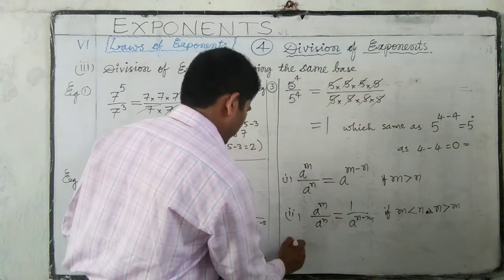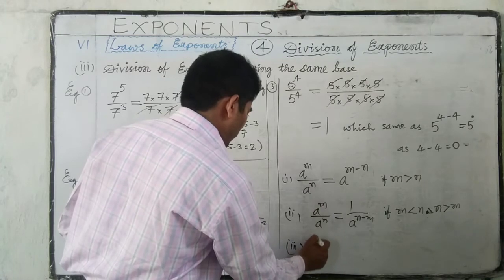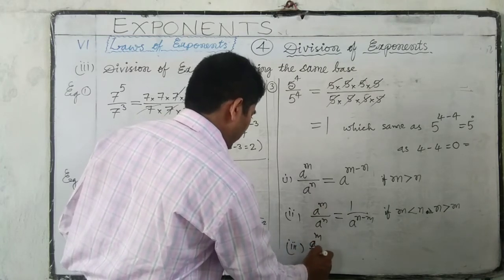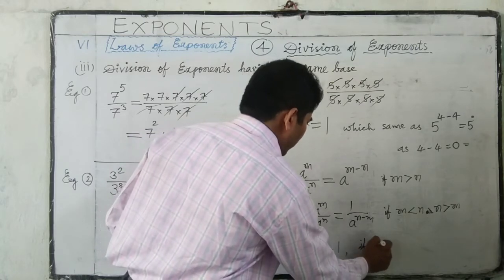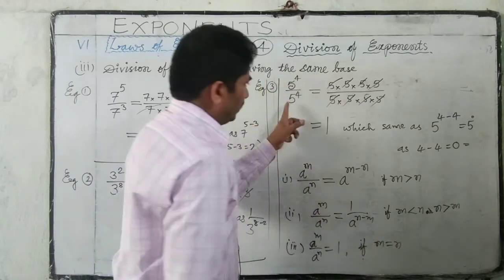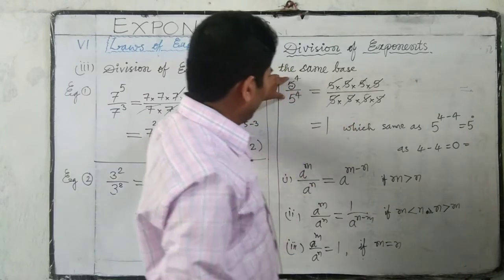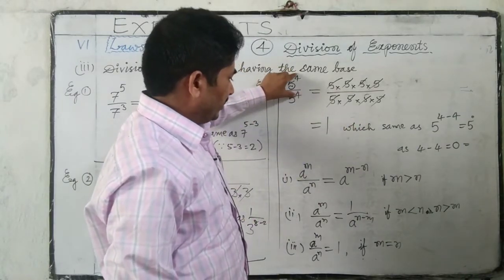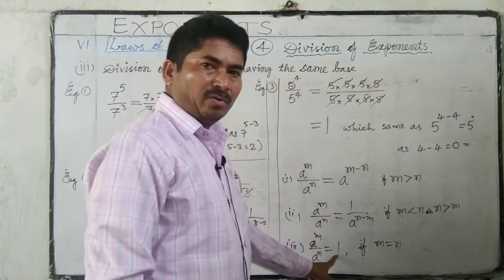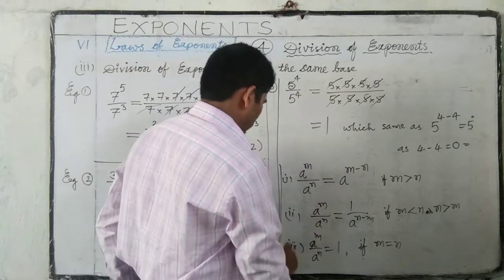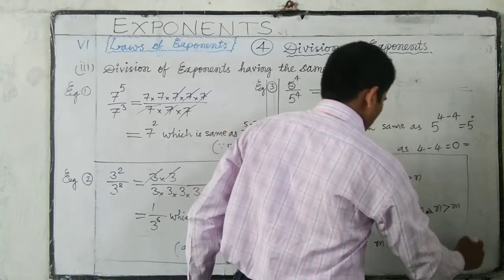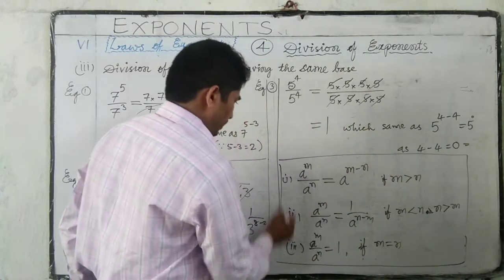Next, the third: a to the power of m by a to the power of n is equal to 1 if m is equal to n. In the third case, if there are the same exponents, we get 1 only if m is equal to n. So we understood these from those three examples.